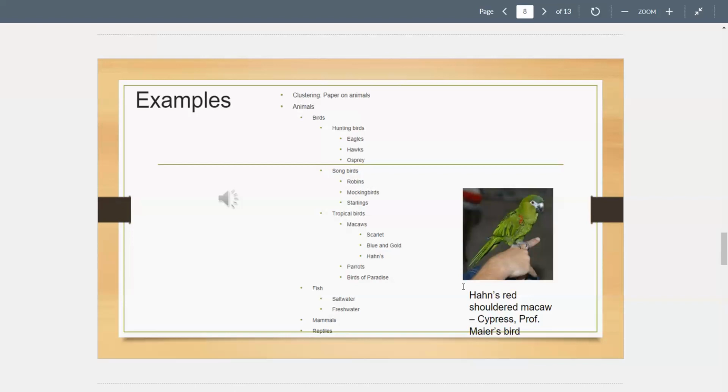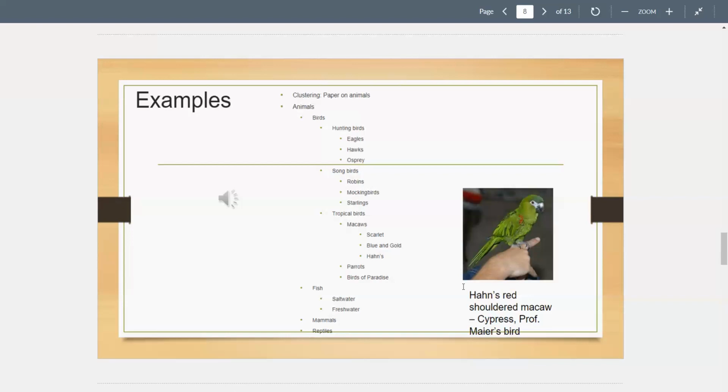What I like about clustering is I can go back up the cluster bubbles and see, okay, well, if I don't have enough to talk more about Hahn's macaws, maybe I write a paper about macaws in general, and then I write a couple of paragraphs about scarlet macaws on feeding, description, and lifespan.